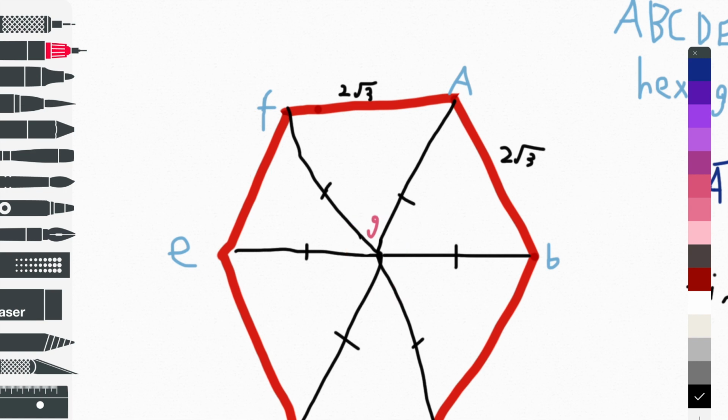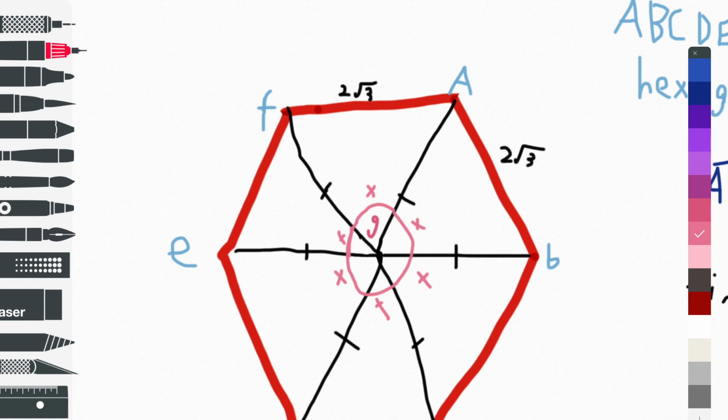So let's find X. So this is also X, this is also X, that is also X. So these are all the same.